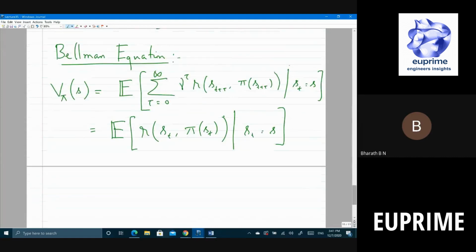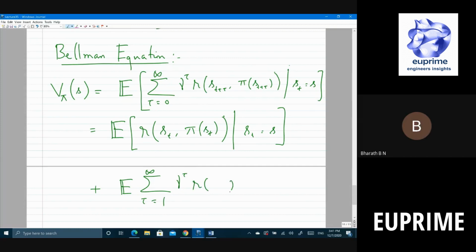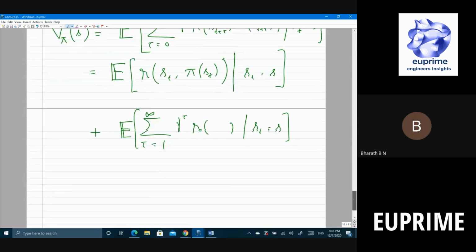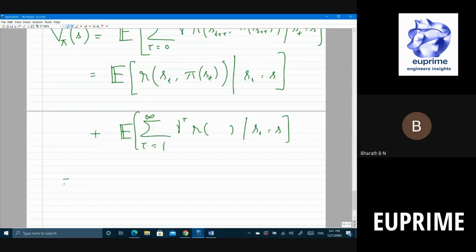Plus, what is the second term? The second term would be the expected value of the summation, tau equal to 1 to infinity, gamma to the tau times r of this thing, given s t equal to S. Do you agree with this step? Now, given s t is equal to S, I can substitute S in place of s t.